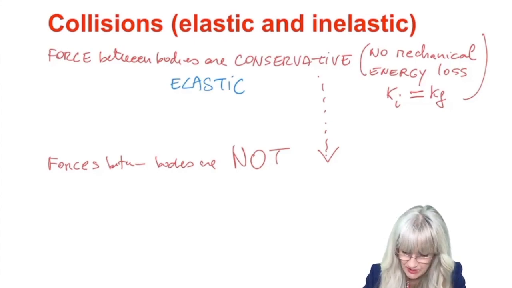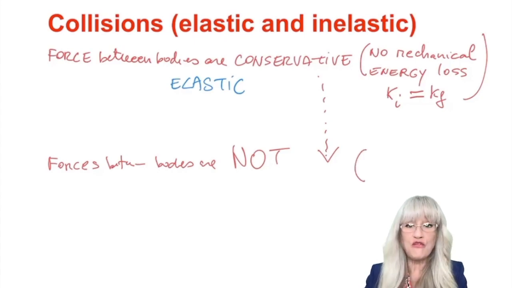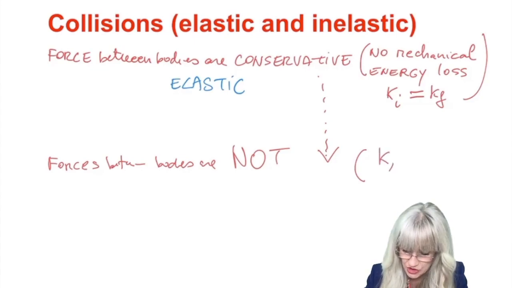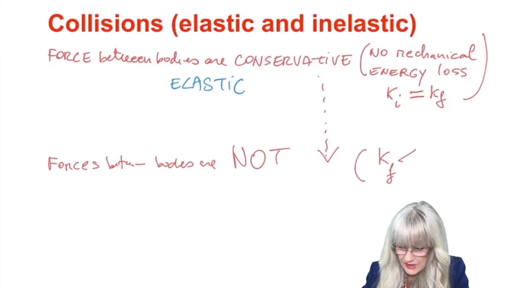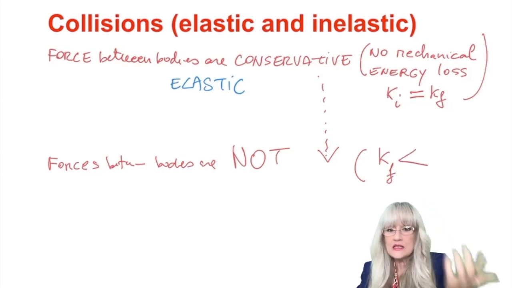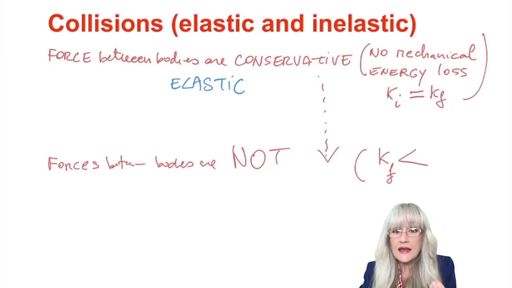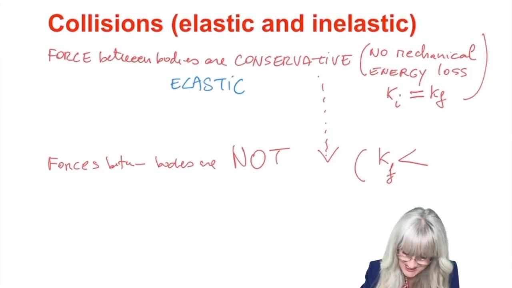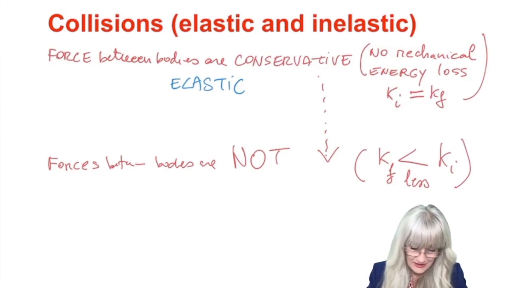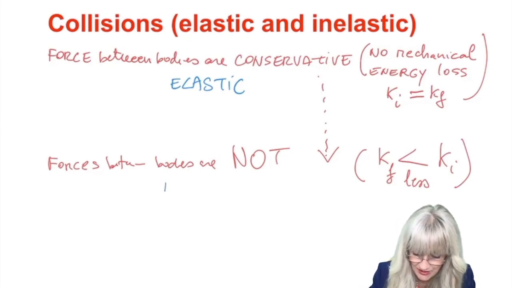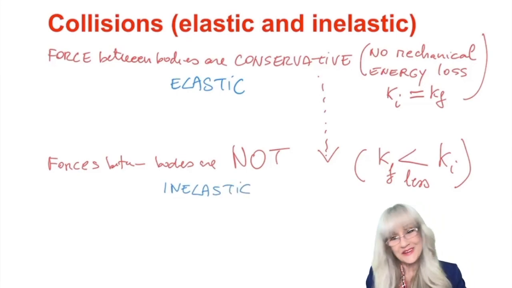So it means that your final kinetic energy, if there is a loss, something is being dissipated, so this kinetic energy final is less than your kinetic energy initial. In this case, you are in an inelastic collision, right? Simple.